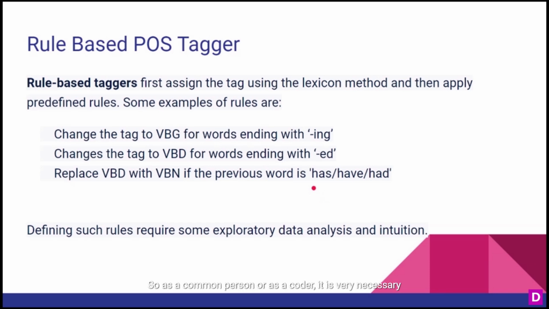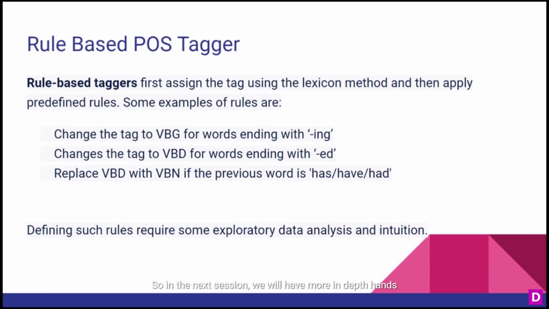As a coder, it is very necessary to understand that before we implement rules for this rule-based tagger, we have to be very well versed in the lexicon, or the linguistics, of the text corpus. It is very necessary to understand English terms and English grammatical senses before we actually define these rule-based taggers.